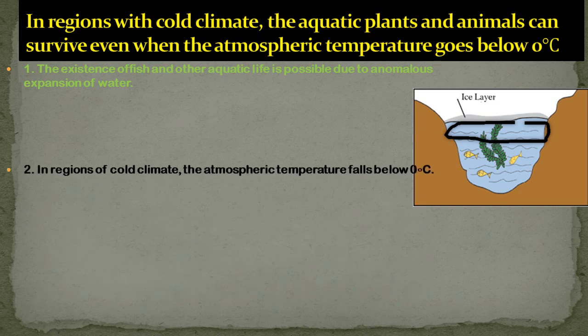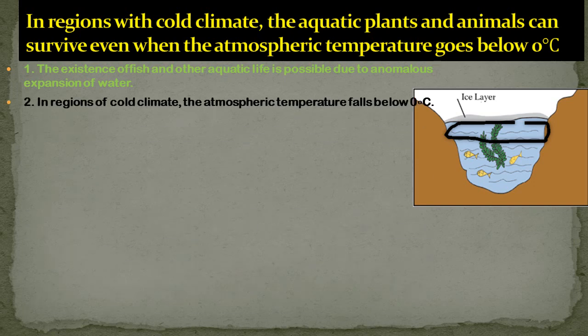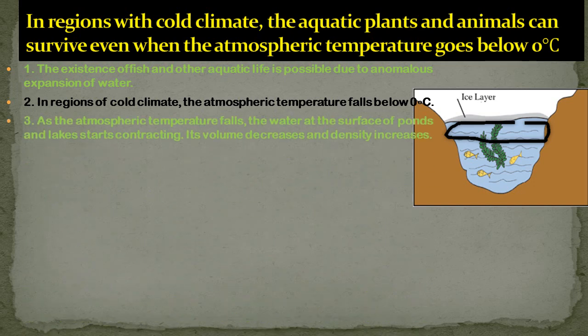In regions of cold climate, the atmospheric temperature falls below 0 degrees Celsius, and as it falls, the water at the surface, on the upper layers of ponds and lakes, starts contracting, its volume decreases and density increases. So the water on the upper surface of the ponds becomes denser and starts coming towards the bottom.